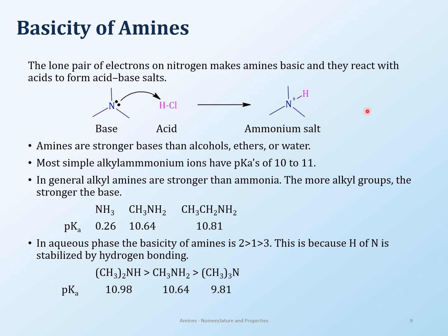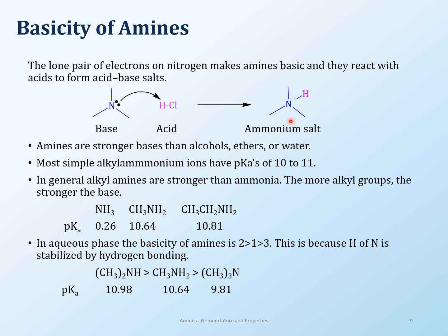You don't form salt plus water because there is no traditional hydroxide here. This is a Bronsted-Lowry acid, but this is a Lewis base. So because of that, there is no water. However, you do get a salt.